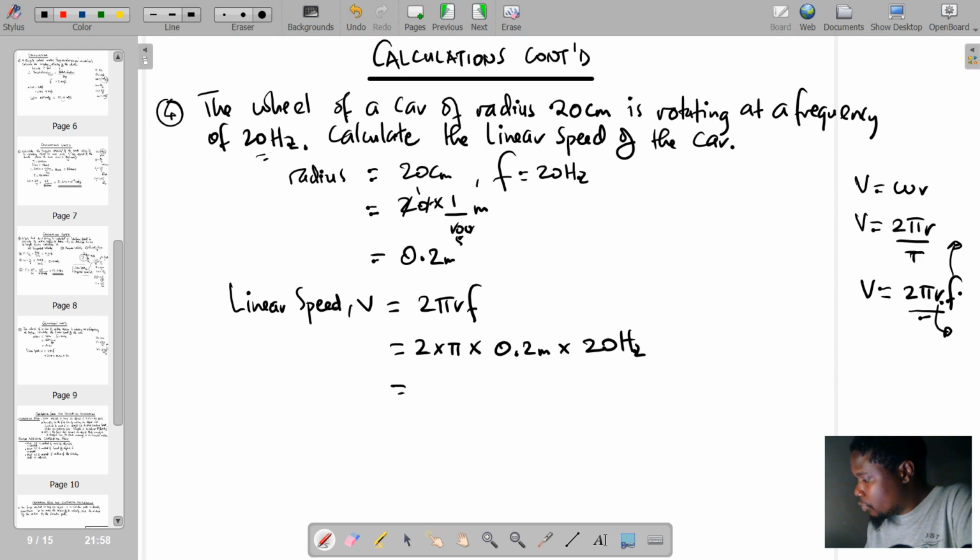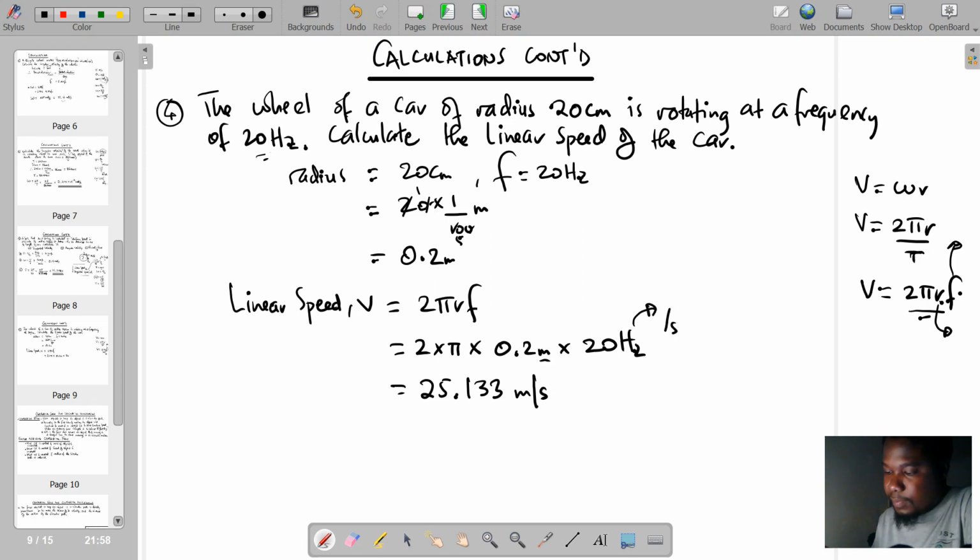That gives us 25.133 meters per second. Remember that hertz is per second, and these meters become meters per second.